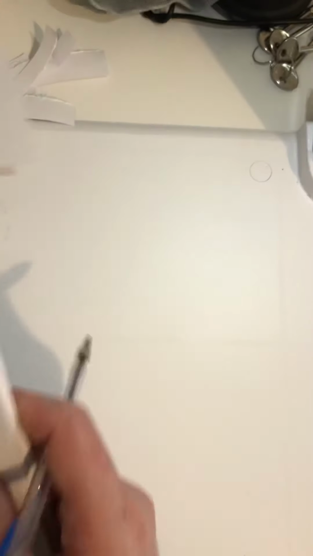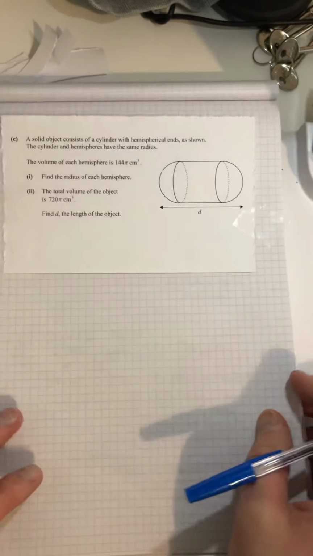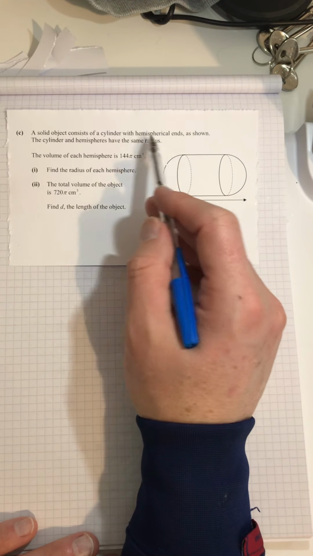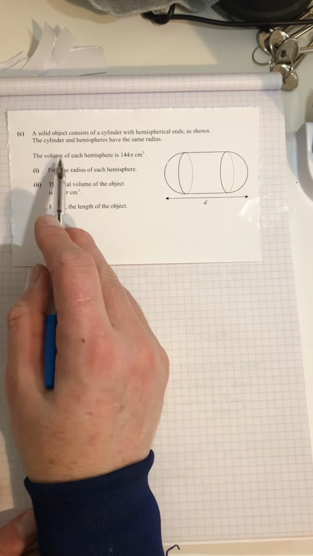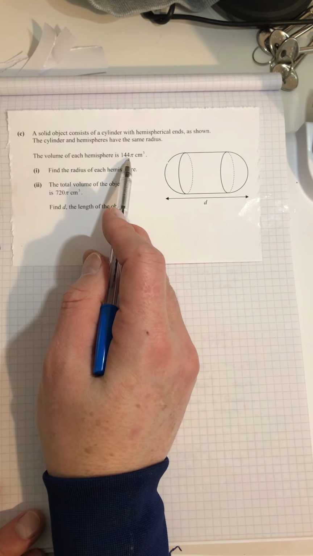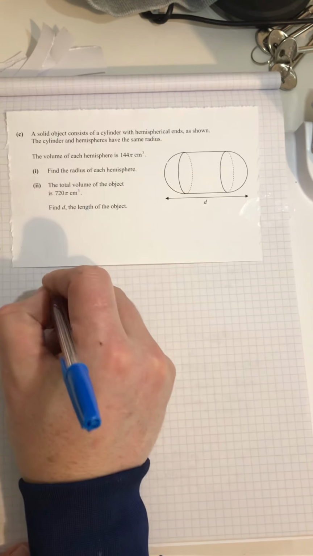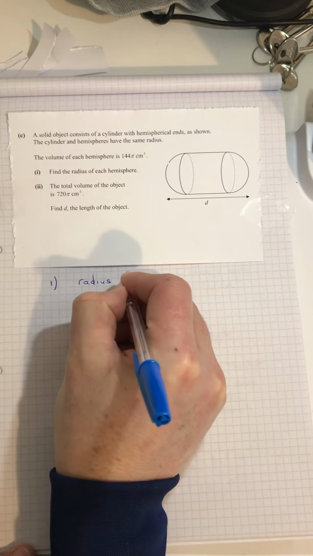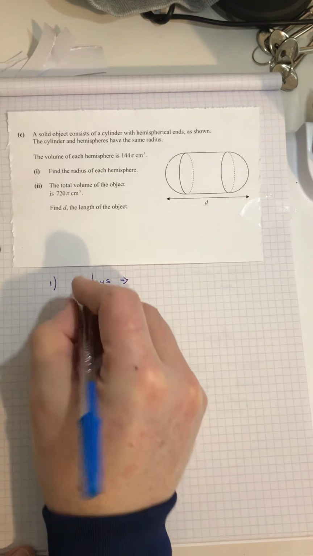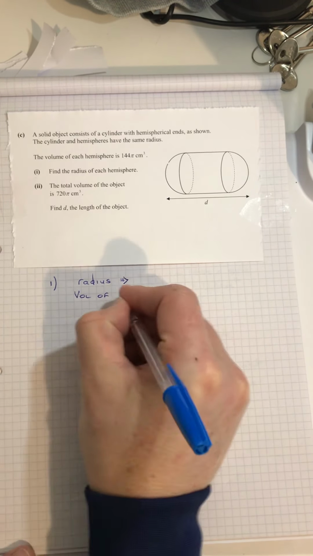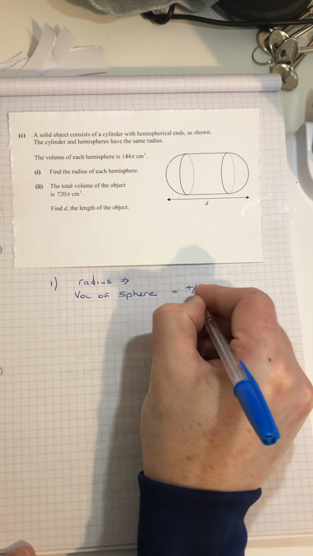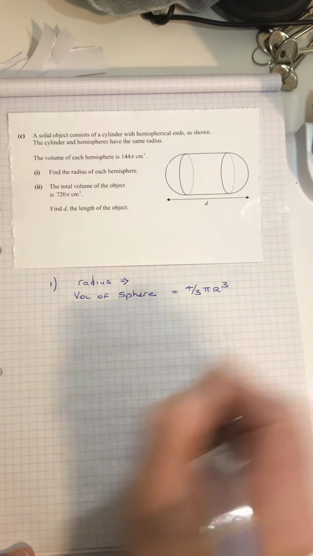Now in part C we have an object consisting of a cylinder with hemisphere ends. The volume of each hemisphere is 144 pi. So part 1, the radius: we know the volume of a sphere is 4 over 3 pi r cubed.